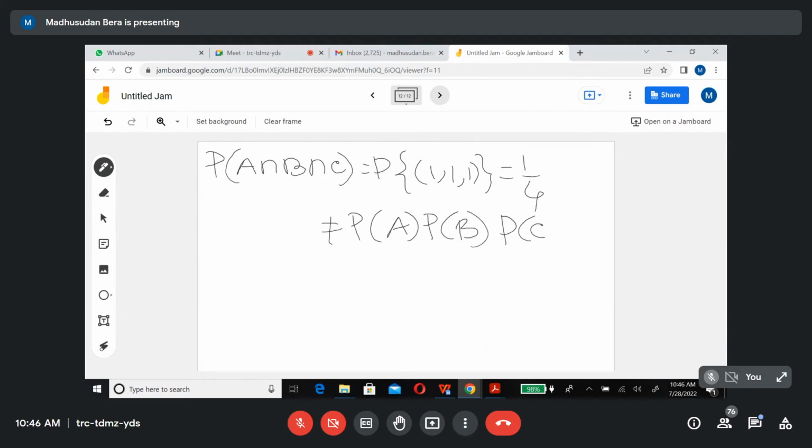That means A, B and C are not independent. So if we take any two, then they are independent. But when we are taking three at a time, that is not independent. Is this okay? Dependent, independent?